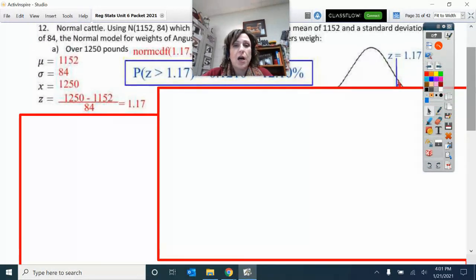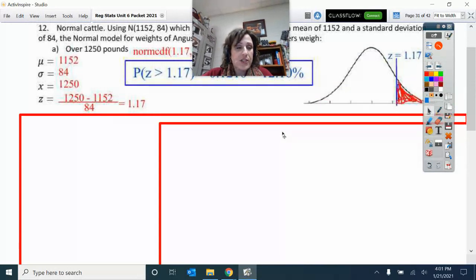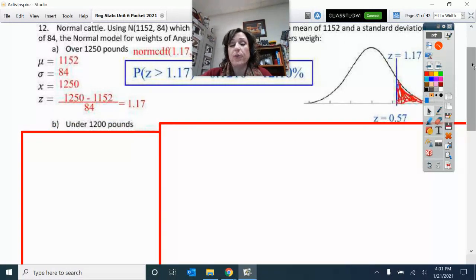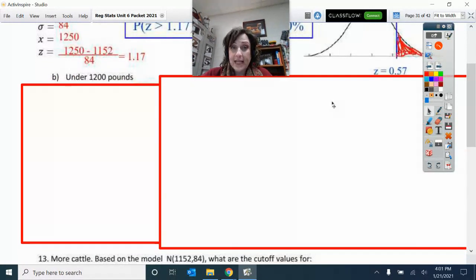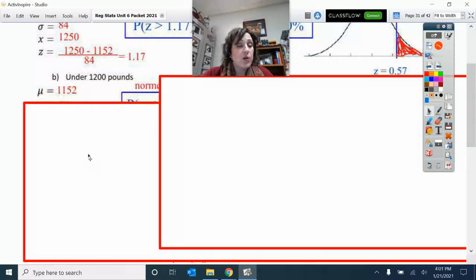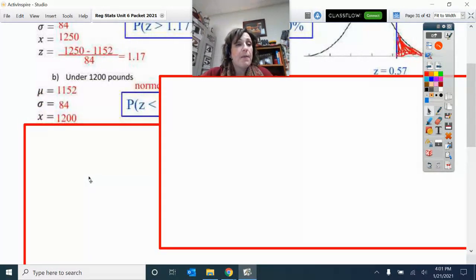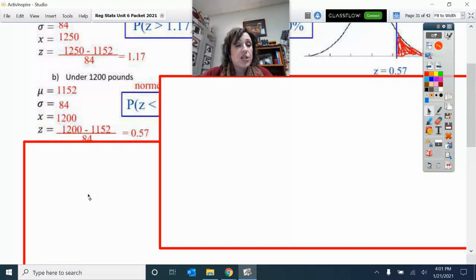All right, let's see what the next question is asking us. Under, so less than 1,200 pounds. Once again, that's my x value. I have the same mean and the same standard deviation, but my x value is now 1,200. So I z-score, x minus the mean over the standard deviation, and then go less.